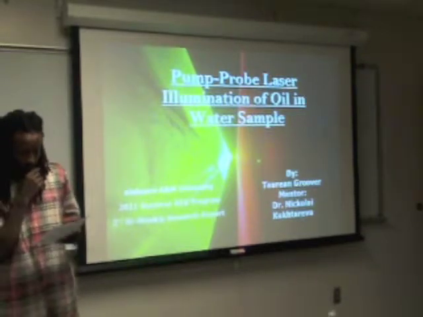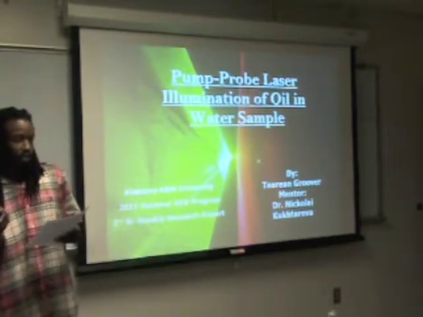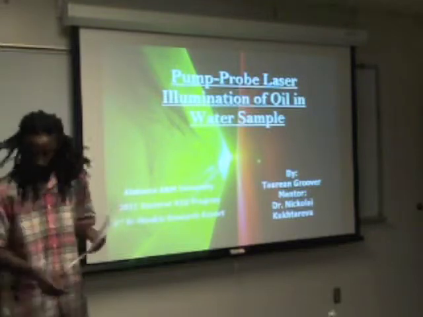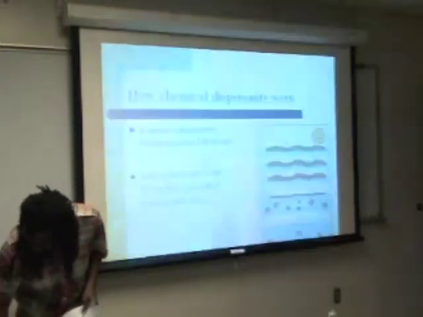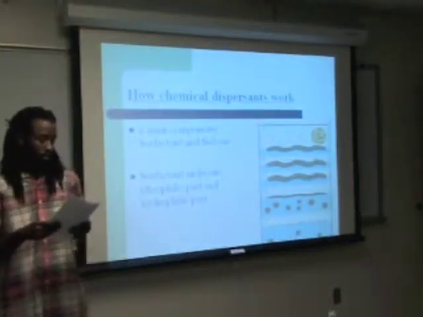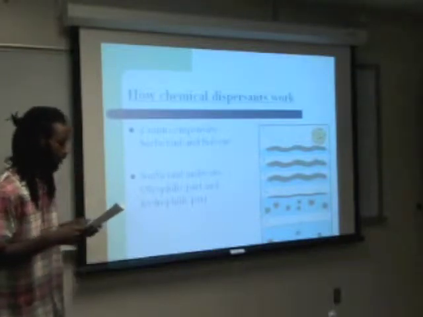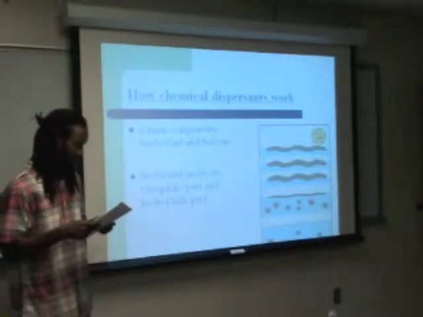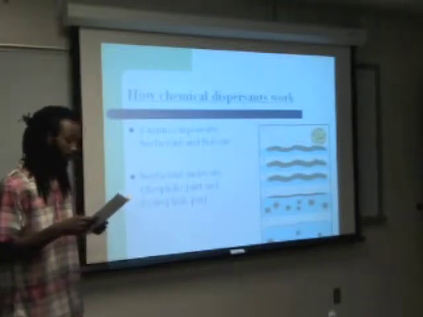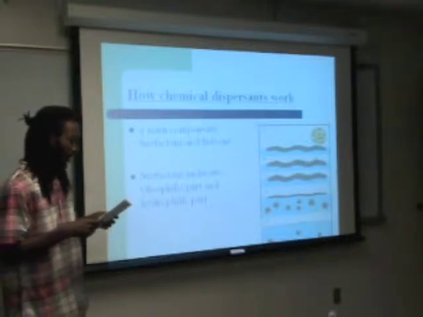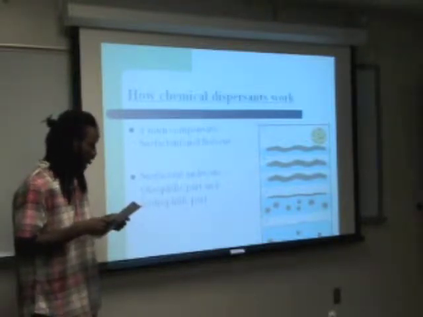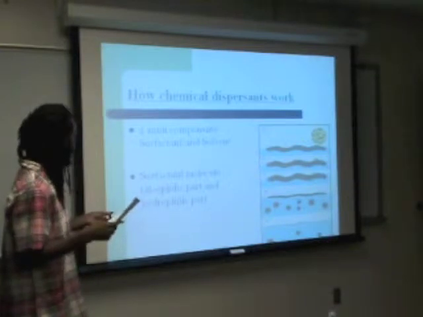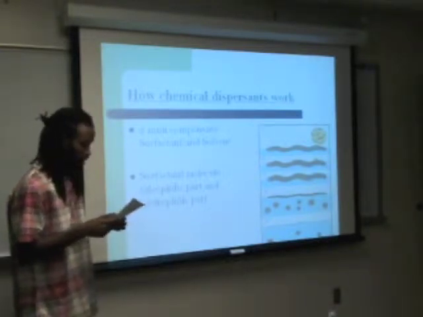Right now, the most common method of dispersing oil is the use of chemical dispersants. The two main components of chemical dispersants are a surfactant and a solvent. Surfactant molecules are made up of two parts, an oleophilic part and a hydrophilic part. The oleophilic part is attracted to the oil and the hydrophilic part is attracted to the water.